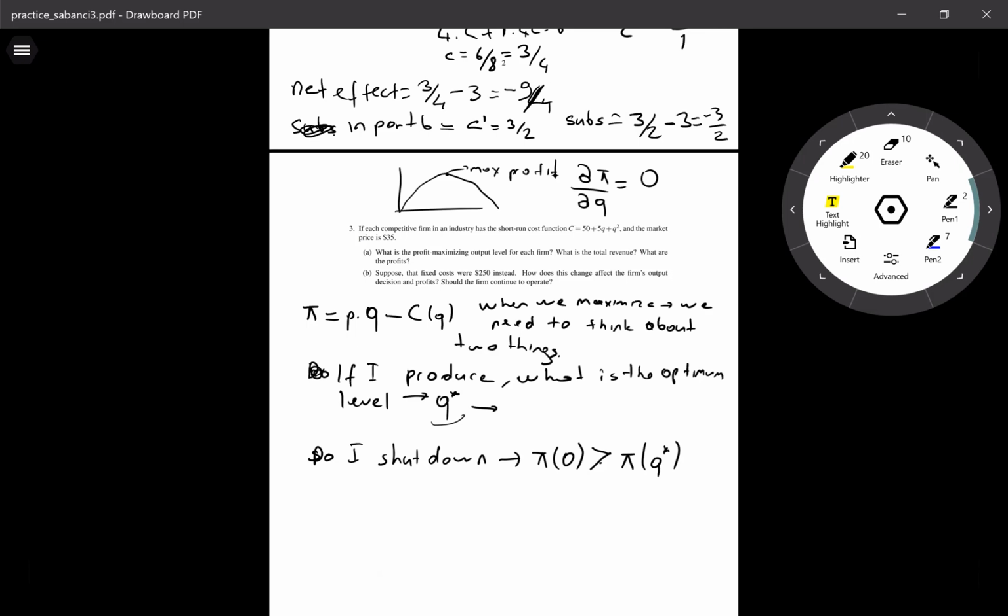Okay. And you should always remember that the price is given in competitive markets, so it will always be fixed.